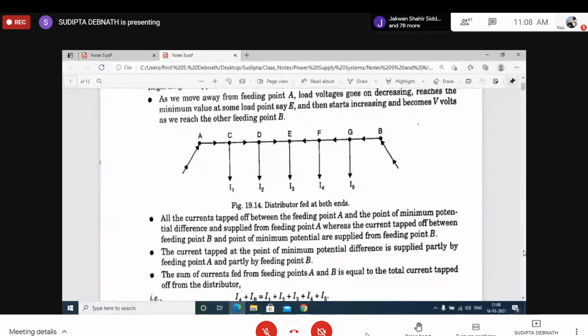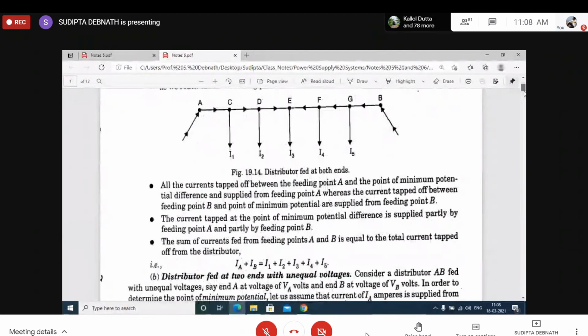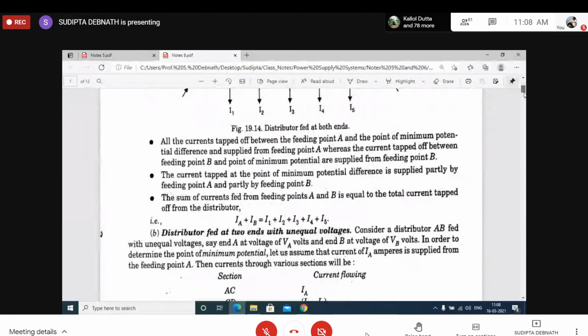So the current from G to B, IA minus I1 minus I2 minus I3 minus I4 minus I5, will be equal to IB. So use this formula. See, current in GB is equal to IB.